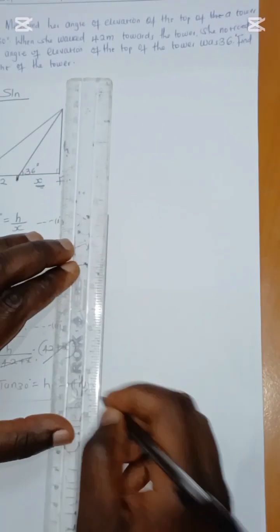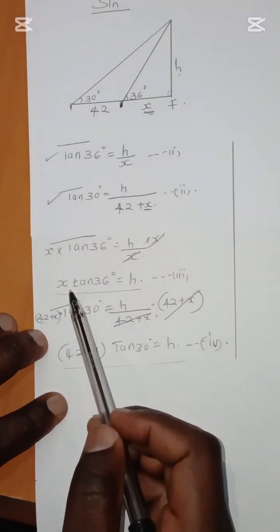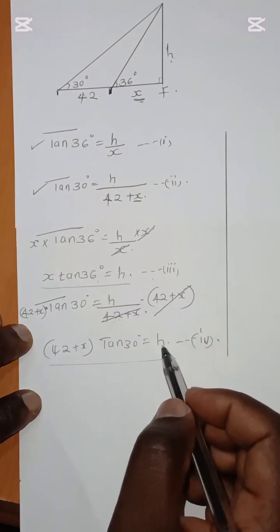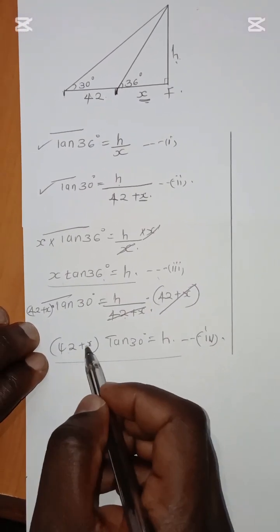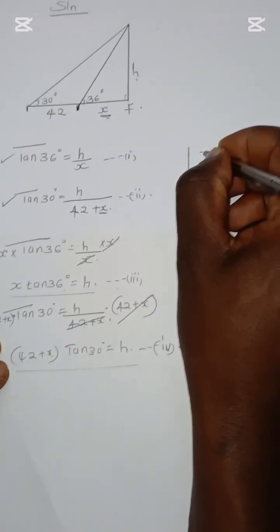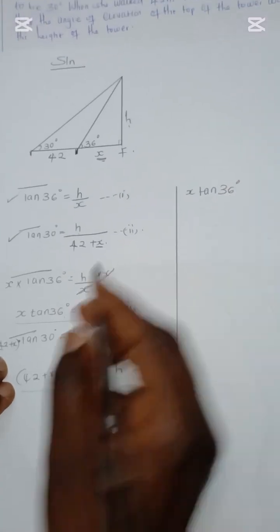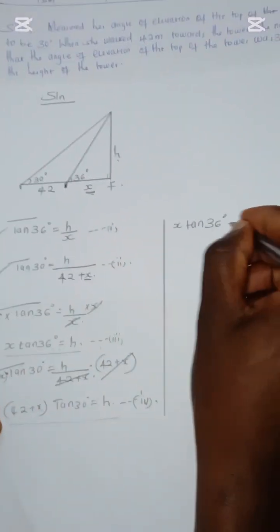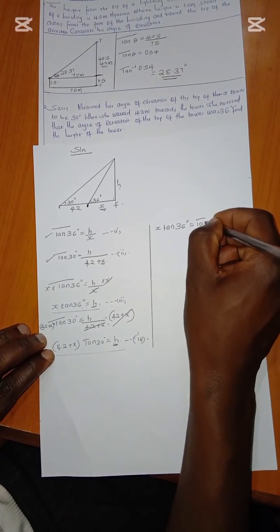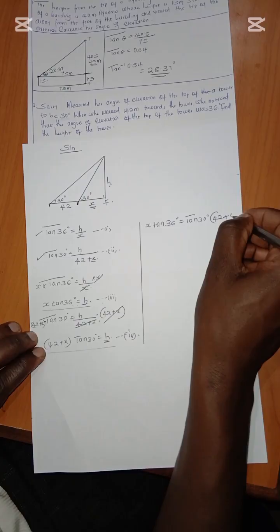Now, let us proceed, dear learner. So now we know that height is given by x tan 36, or height is given by 42 plus x tan 30. So what do you need to do? You need to equate both of them. x tan 36 degrees equals, this height is also equal to this height, tan 30 degrees into bracket 42 plus x.